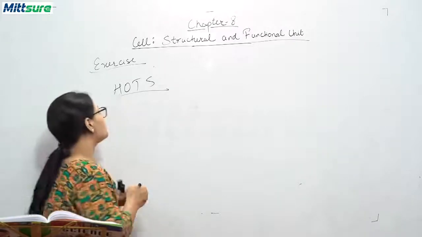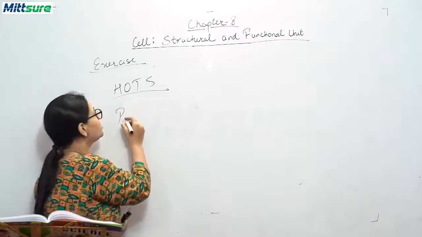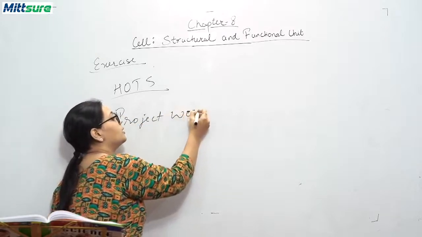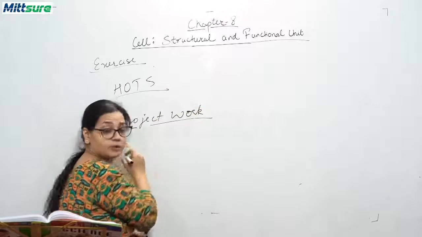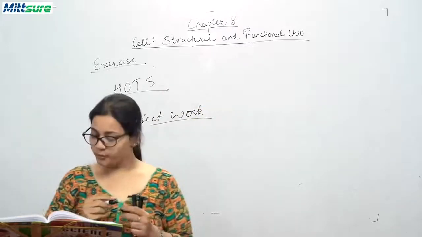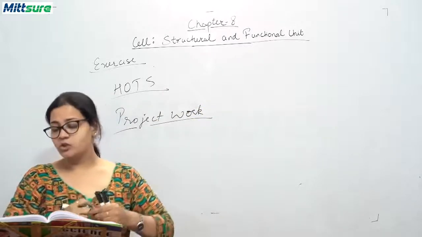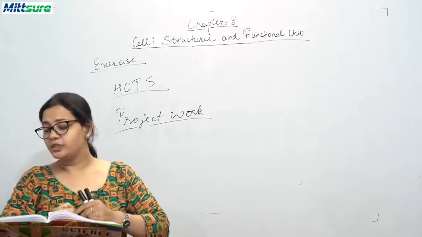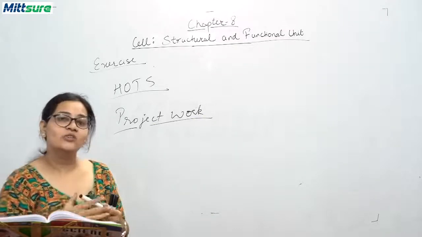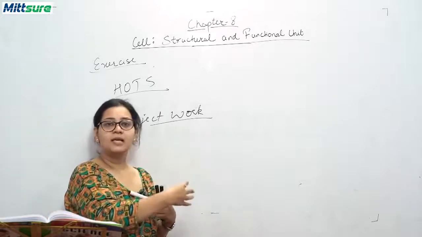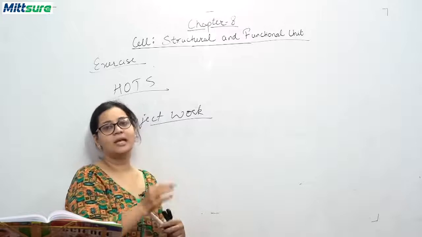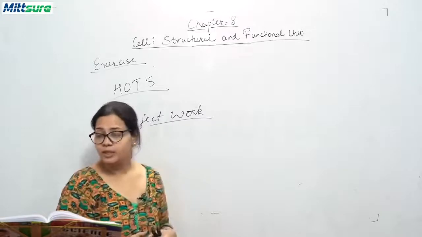Now we'll be doing the project work. You have been given 2 projects. Make a chart showing different types of plant and animal cells and neatly draw the different organelles on it. Please try to draw the plant cell and animal cell along with all the cell organelles and label them correctly.